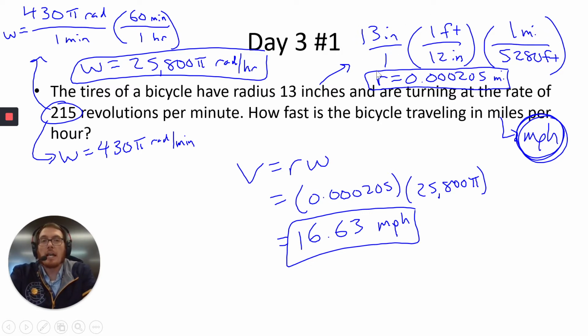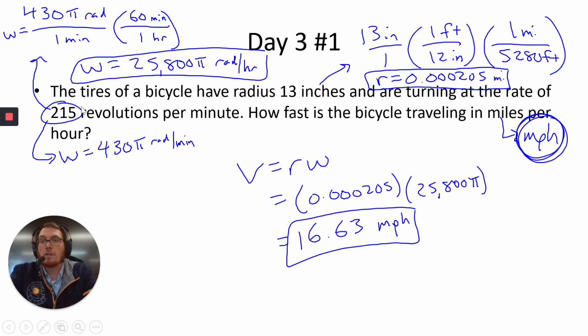Once you've dealt with that idea, then you can use that new number for the miles. And that's the number you'll plug into v equals r omega, or velocity, linear speed. So you'll have to change that radius to get into miles first. And then the other piece is that this is in revolutions per minute. Remember, every revolution is 2 pi radians, so you take that number multiplied by 2 pi.